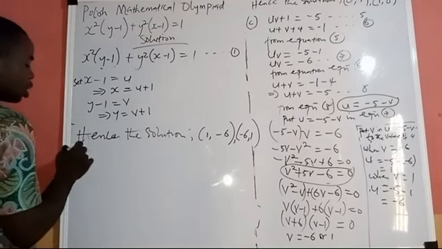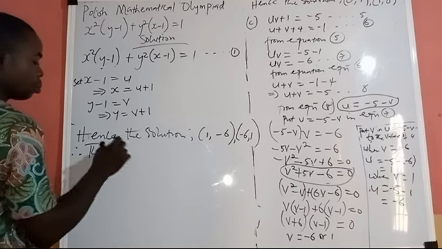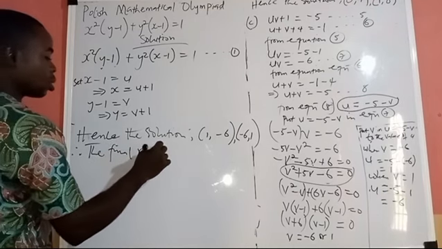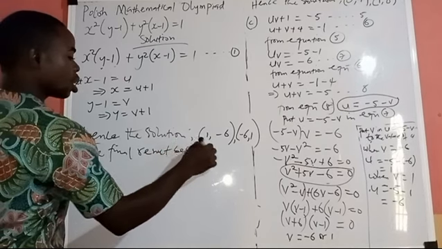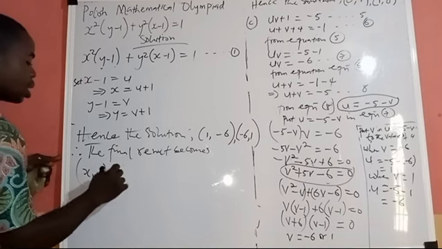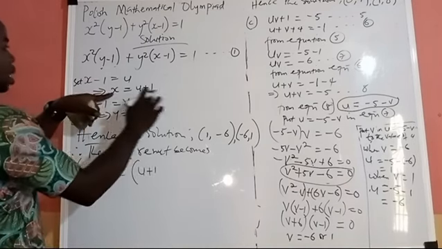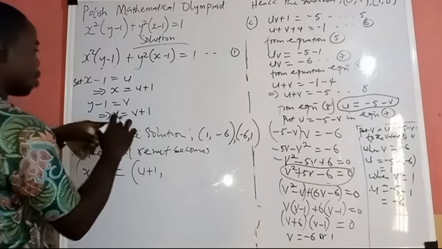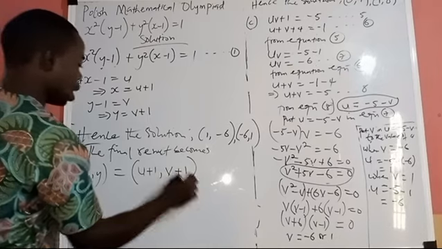So the final solution, therefore the final result becomes, don't forget our x comma y, we set it to be u plus v. Our x is u plus v, comma our y is v plus 1.